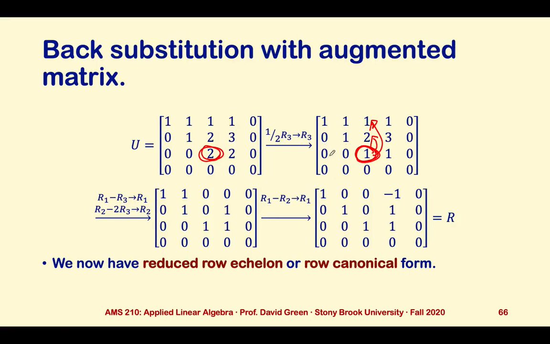Because we have zeros here, 1 minus 0 is 1, 1 minus 0 is 1, 1 minus 1 is 0, and 1 minus 1 is 0. 0 minus 1 is also 0 for the first row. For the second row, 0 minus 0, 1 minus 0, 2 minus 1, 2 minus 2, because we're scaling by 2, is 0, and 3 minus 2, because we're scaling by 2, is 1.